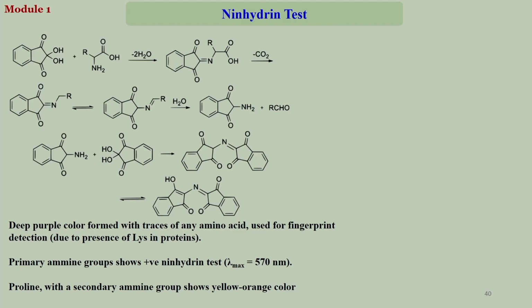First, you have ninhydrin, with OH groups, a gem diol basically, and then you have the amine group with R. The first reaction is the amine, which is basic and has a free lone pair of electrons, so it is nucleophilic. It attacks, and one OH is eliminated.